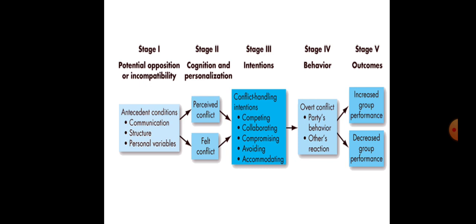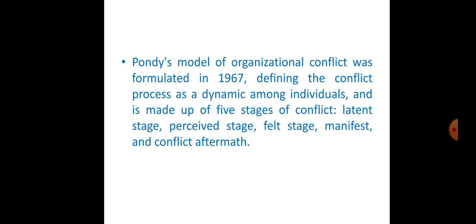The third stage is conflict handling intentions, that is competing, collaborating, compromising, avoiding and accommodating. The fourth stage is behavior, that is overt conflict, and the fifth one is outcomes. Sometimes it may lead to increased group performance and maybe decreased group performance.